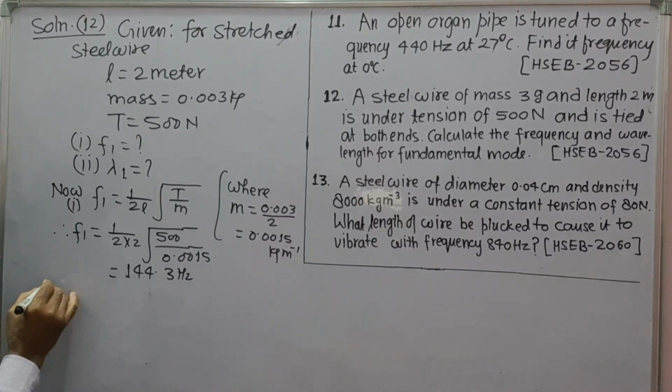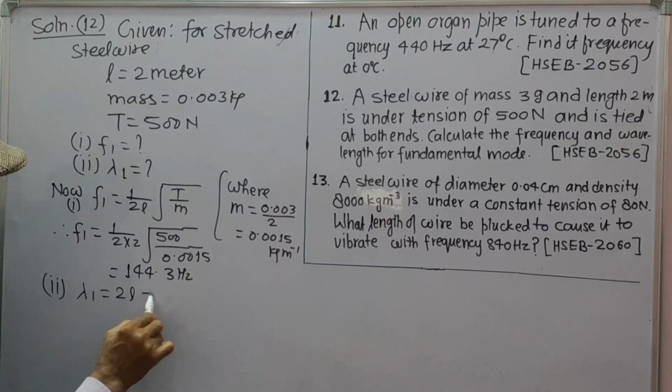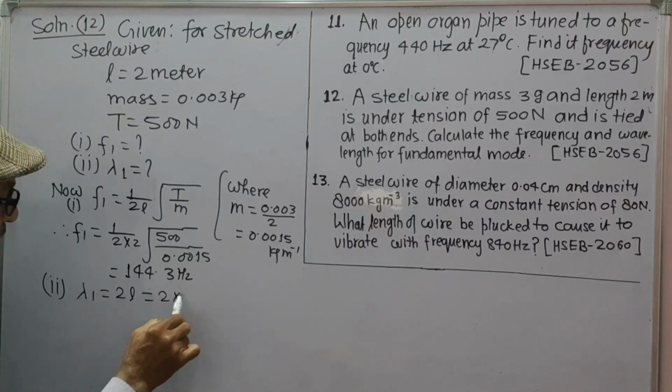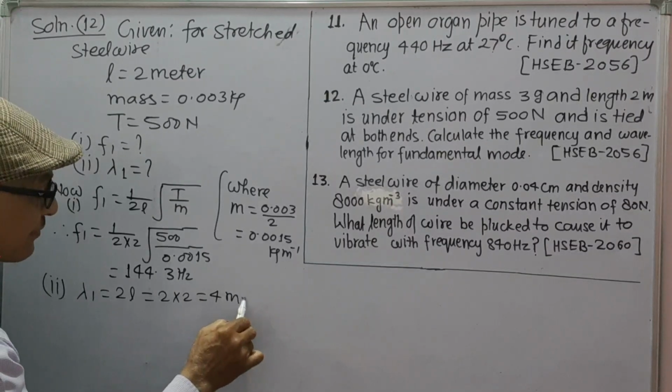Second part, in fundamental mode, lambda 1 will be equal to 2L. Therefore, 2 into 2 is equal to 4 meter.